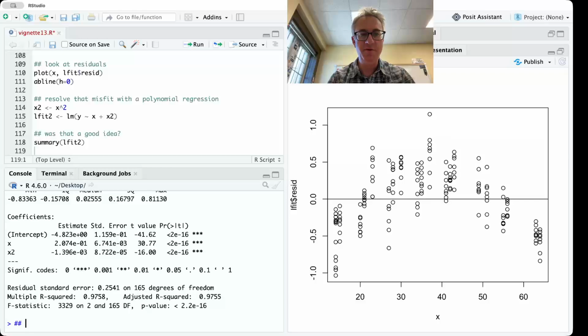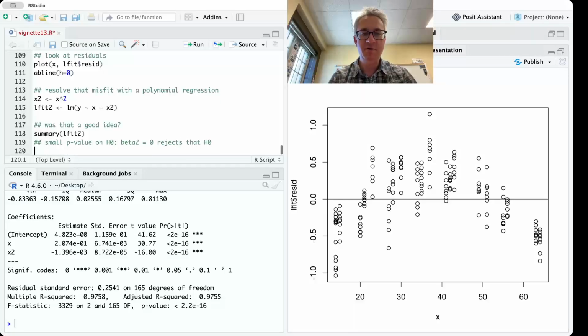So small p-value, I'm trying to write up here, on the null hypothesis that beta 2 is equal to 0 rejects that null hypothesis. So we know that the degree 2 polynomial is a good idea.